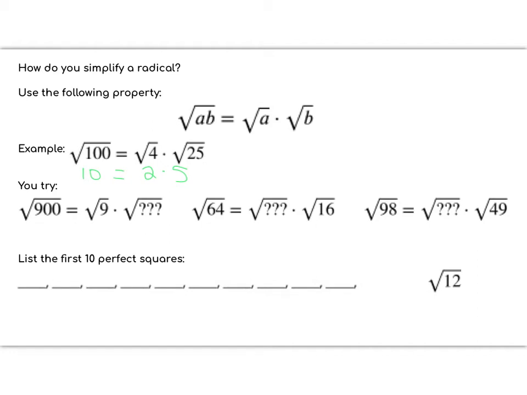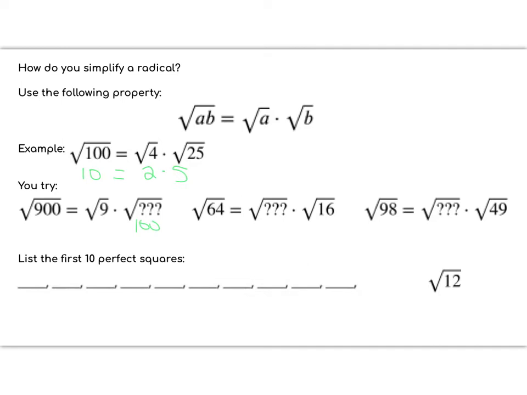So you're going to start splitting up these radicands, the number under the radical, into a product that includes a perfect square. So the square root of 900, if I needed to split that into a product of square roots, would be the square root of 9 times the square root of 100, right? Because 9 times 100 is 900.